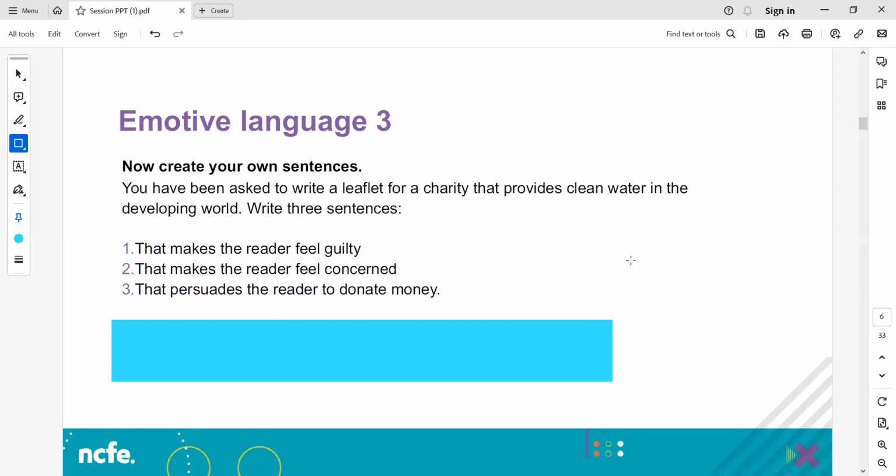You don't have to try all of them, but at least try one of them. Think about how you can use those adjectives, how you can put words together to make the reader feel guilty about all the water that we have available, that makes you feel concerned about the lack of water in the developing world, and that persuades readers to donate money.